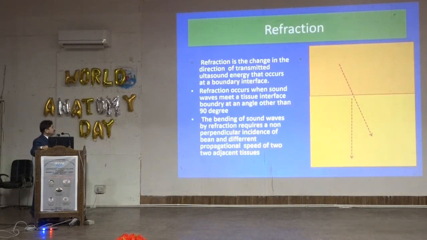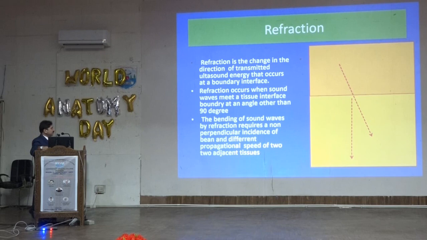Now refraction is the change in the direction of transmitted ultrasound energy that occurs at a boundary interface. Refraction occurs when sound waves meet a tissue interface boundary at an angle other than 90 degrees.